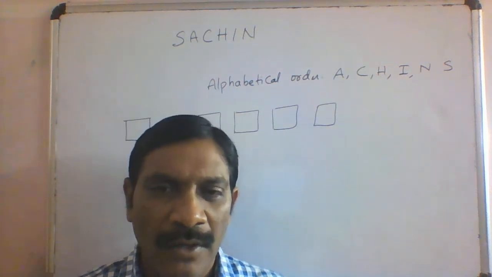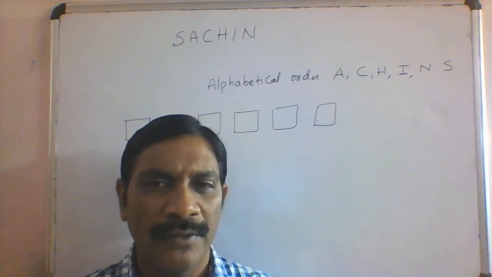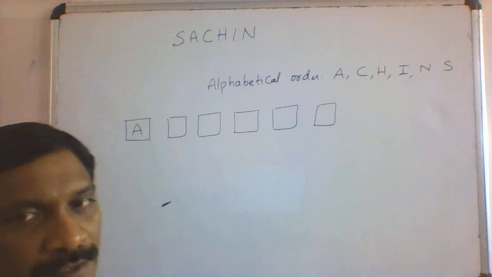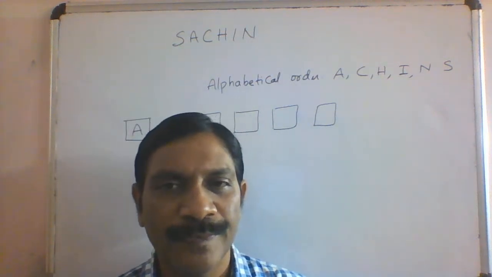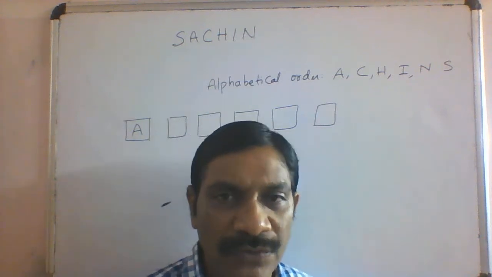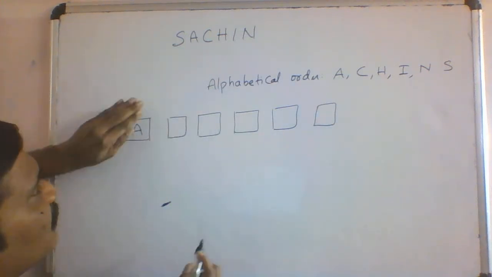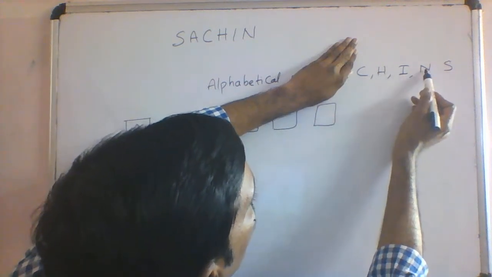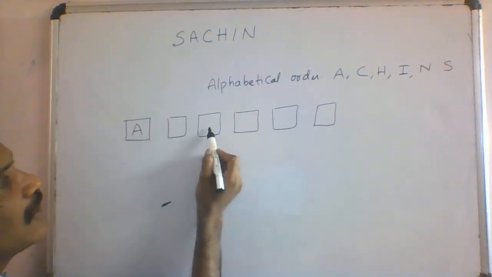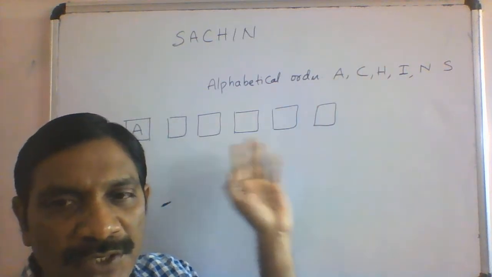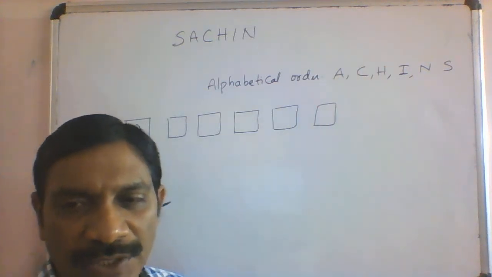So according to alphabetical order, which letter should come first? A. So I fix A there. So starting with A, how many words will be coming? If I fix the letter A here, 1, 2, 3, 4, 5 empty places are there. They can be filled in these 5 boxes in 5 factorial ways.